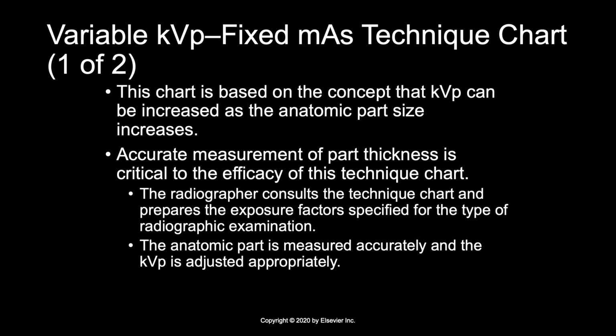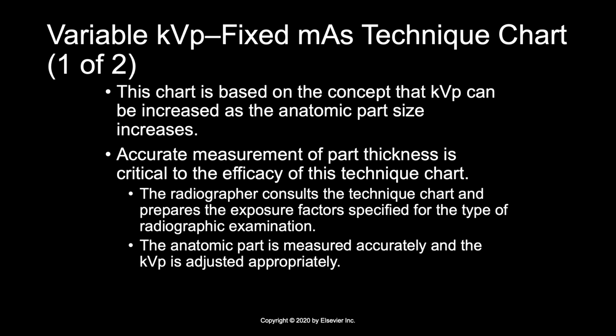The variable KVP fixed mAs technique chart is based on the concept that KVP can be increased as the anatomic part size increases. Specifically, the baseline KVP is increased by 2 for every 1 centimeter increase in part thickness, whereas the mAs is maintained.